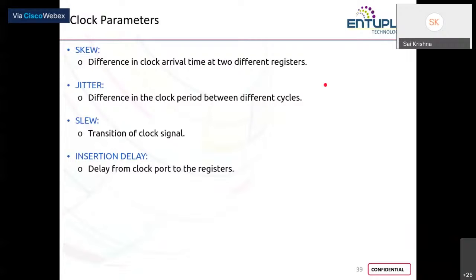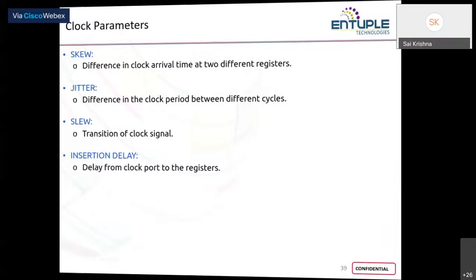It could be early or late with respect to the point where you expect your clock cycle to start. That means if you're expecting your clock to start at t equal to 0, it might actually start at 10 picoseconds late, or it might start at 2 picoseconds early, right? So that difference in clock period is called your jitter. Okay.